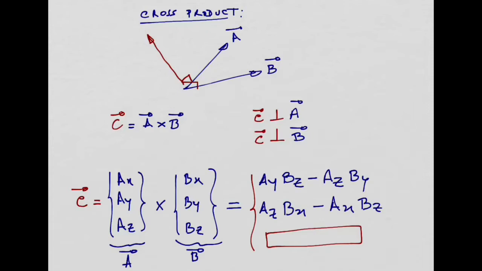So for the z component, I'm going to do this cross product here, and that will be AX times BY minus AY times BX.